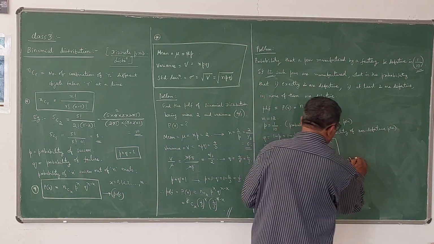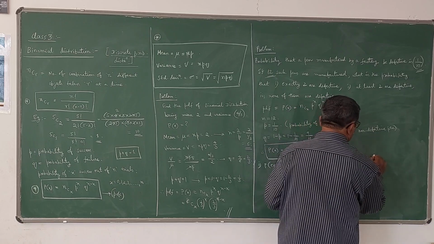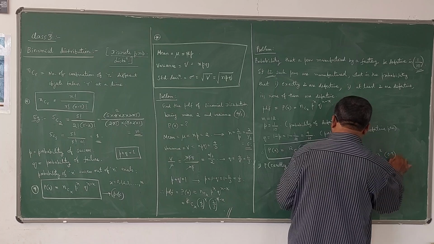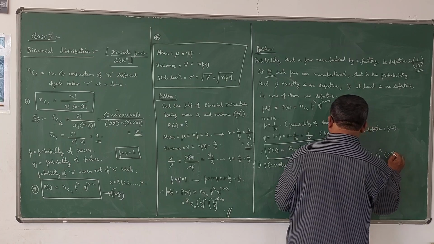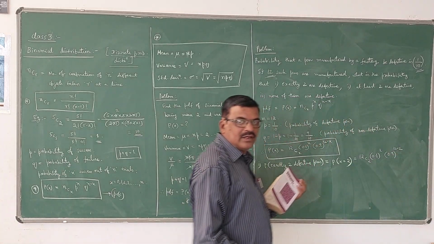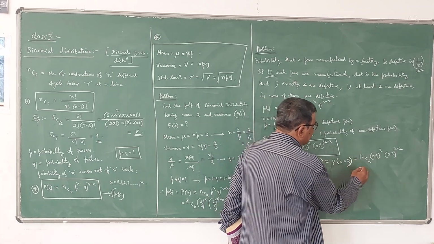ಇದರಲ್ಲಿ 12 C 2 into 0.1 to the power of 2 into 0.9 to the power of 12 minus 2. 12 minus 2. ಅರ್ಥ ಆಗ್ತಿದೆಯಾ? x ಗೆ 2 ಕೊಡಬೇಕು. You have to put x value 2. So ಇದೇನಾಗುತ್ತೆ, ಸಿಂಪ್ಲಿಫೈ ಮಾಡಬೇಕಿದೆ.